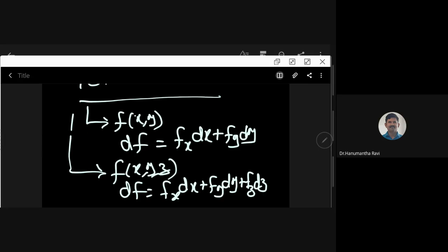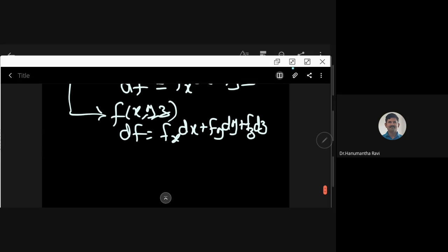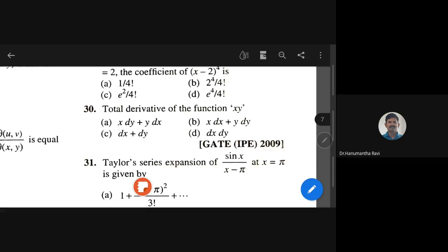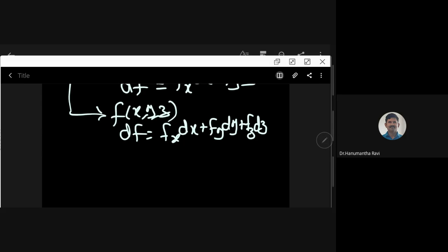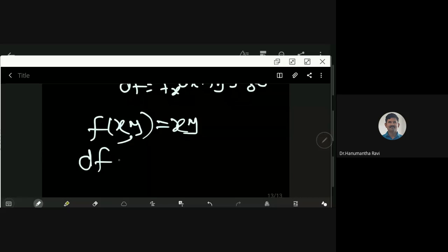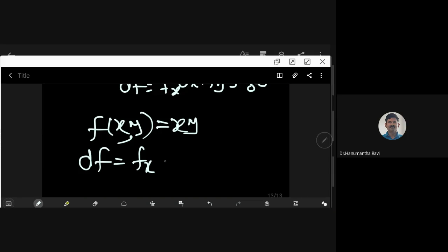So in this problem, our f of xy is xy. So the total derivative is f subscript x dx, that is dou f dou x into dx, plus f subscript y, that is dou f dou y into dy.